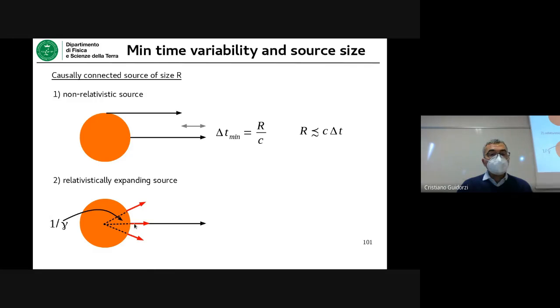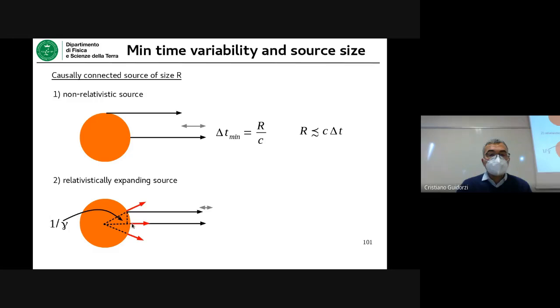But now, let's consider the two extreme cases. You receive radiation from this point here, and the other boundary case is here. So the difference in the light travel time is this small piece, the only difference between the two paths. How can we calculate that?